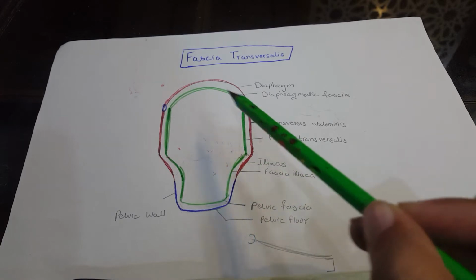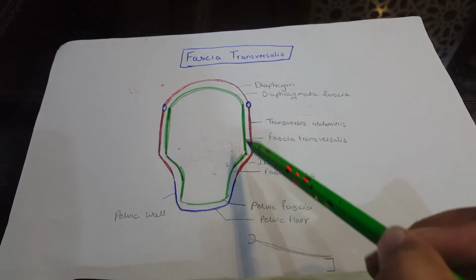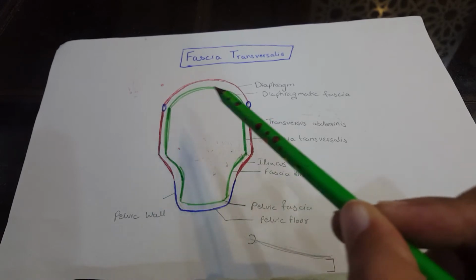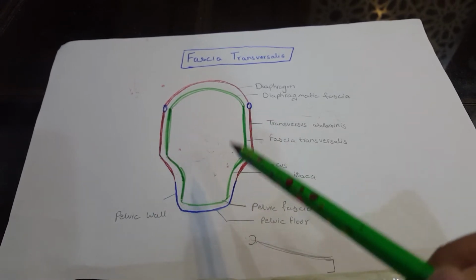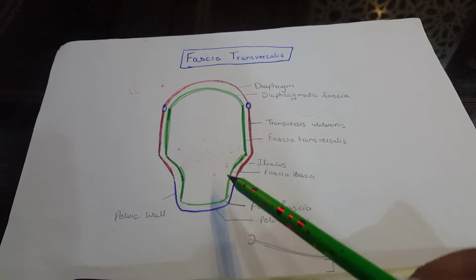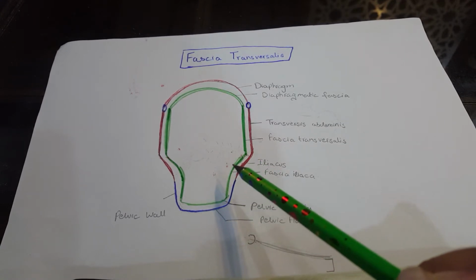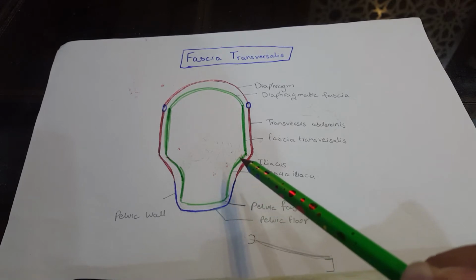Superiorly, fascia transversalis continues with the diaphragmatic fascia, and inferiorly it is attached to the iliac crest, to the lateral half of the inguinal ligament, and continues with the fascia iliaca.